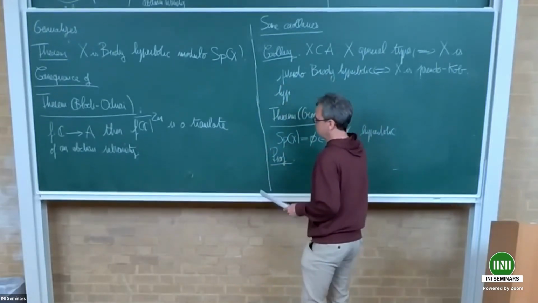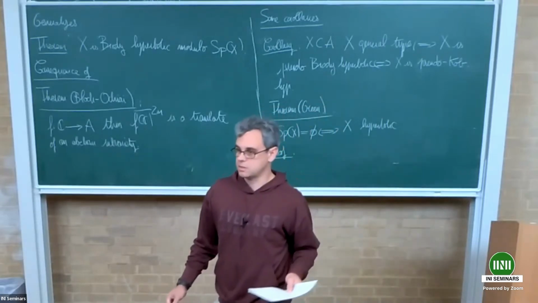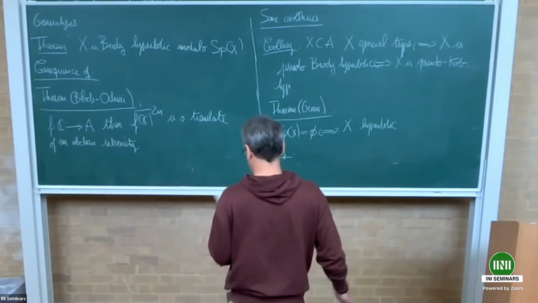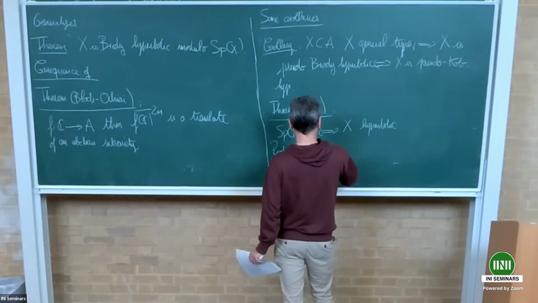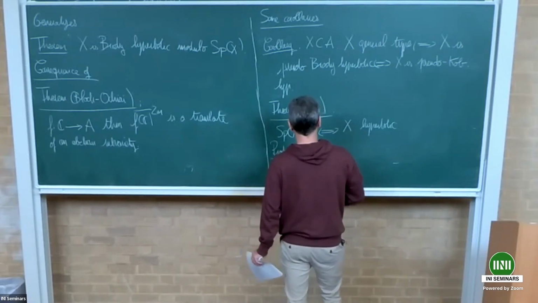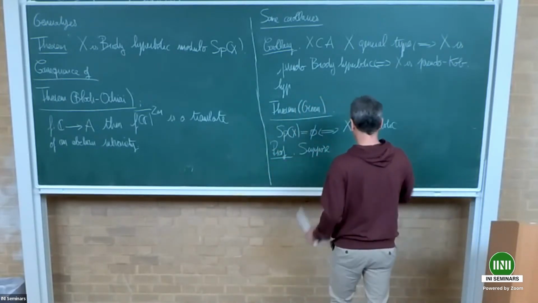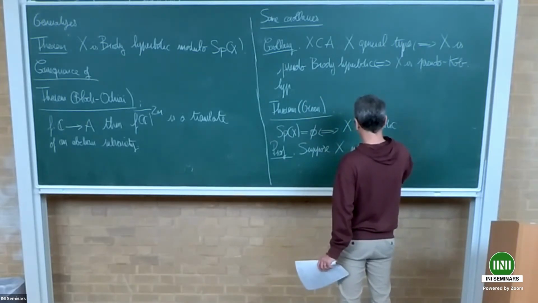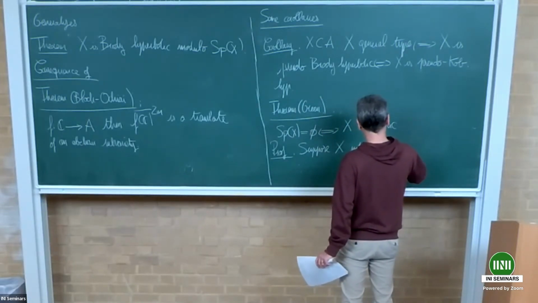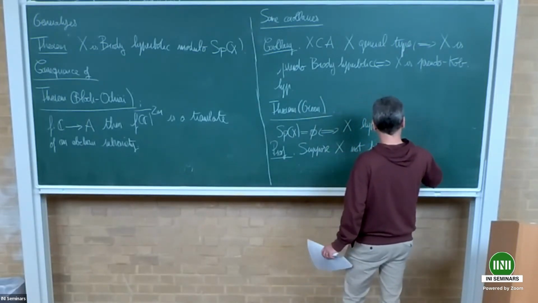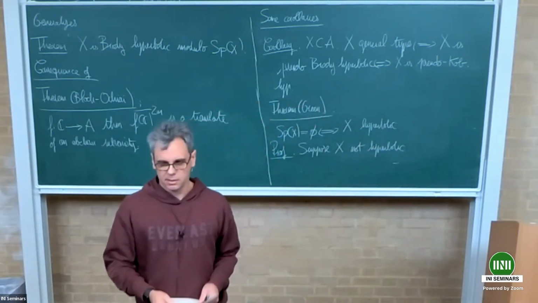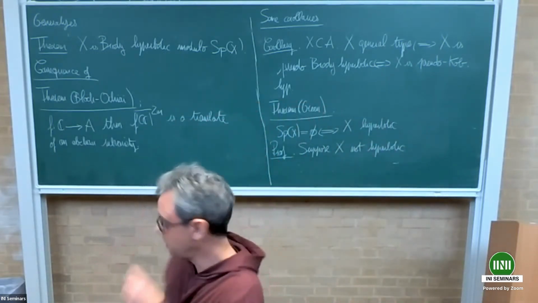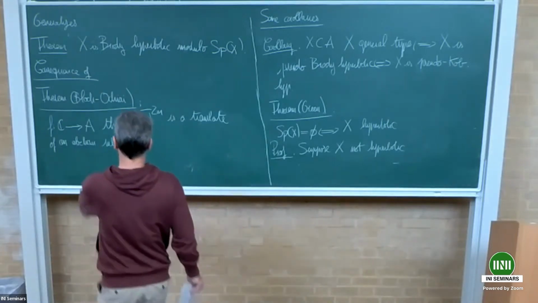The proof uses in a fundamental way Brody's criterion, right? There is one implication that is trivial, and I prove the other one. So suppose X is not hyperbolic, then I want to prove that the special locus is not empty, even without using this general statement.